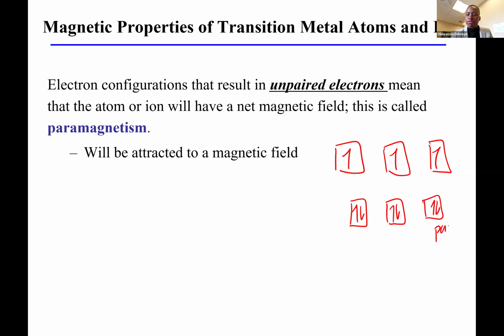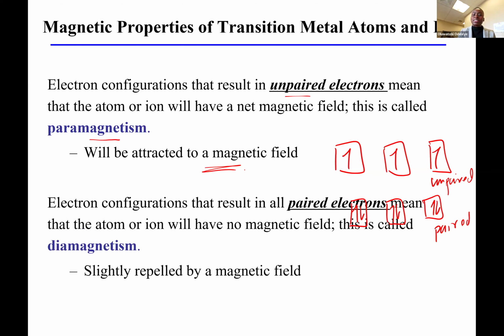So these are paired, these are unpaired. In order for you to determine whether you have paramagnetism versus diamagnetism, you need to know what the electron structure looks like, the electron configuration. Paramagnetism is unpaired, and this is attracted to the magnetic field. Diamagnetism is paired and it is actually repelled by a magnetic field.